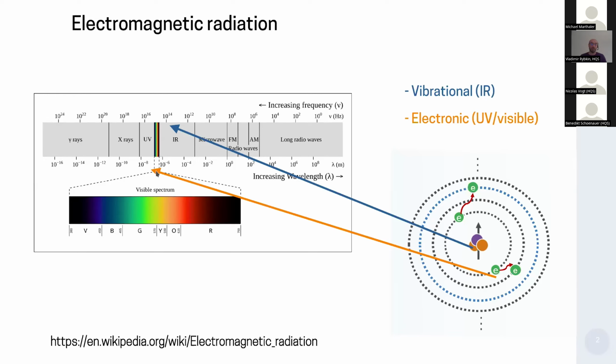But the opposite is not true. When we excite an electron from level to level with ultraviolet or visible radiation, we also excite nuclear vibrations. Therefore, in the electronic spectra, in the visible and ultraviolet range, we also see traces of vibrational spectra in the infrared. Later, I will show you how it works.